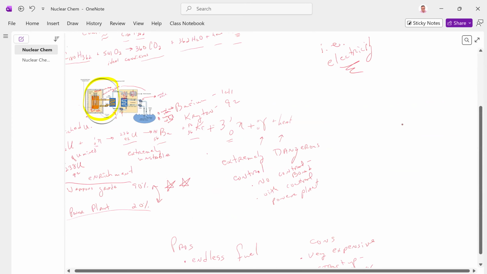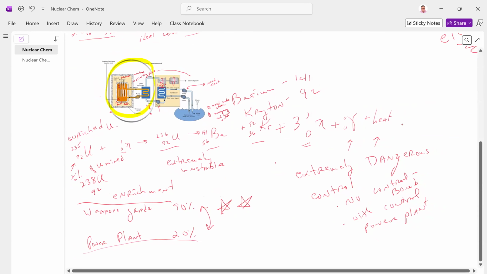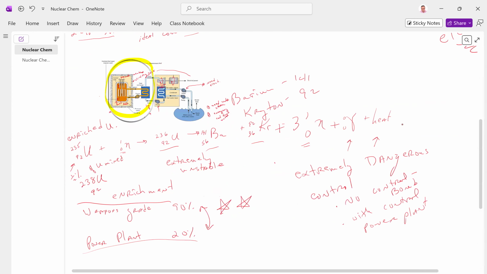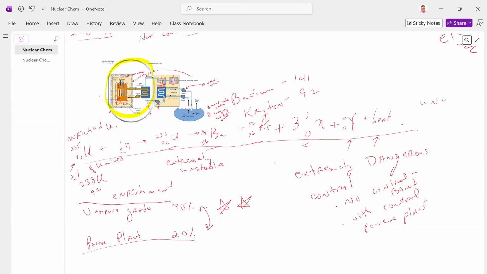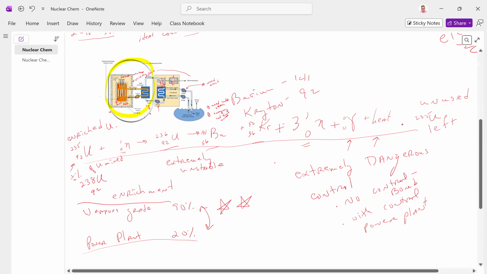Okay, so let's look at this reaction again here. This has unused uranium-235 left over.